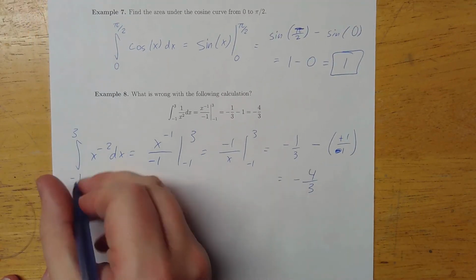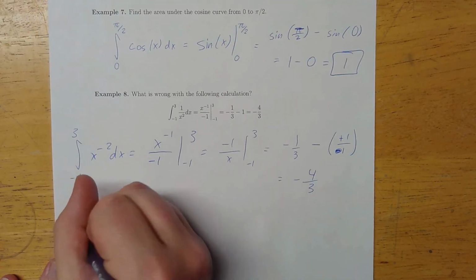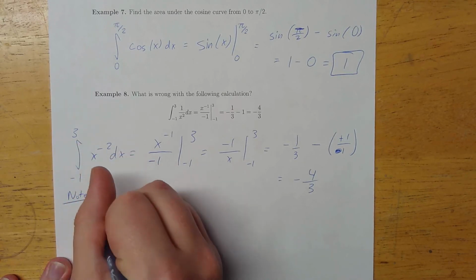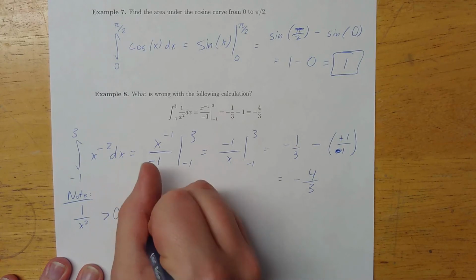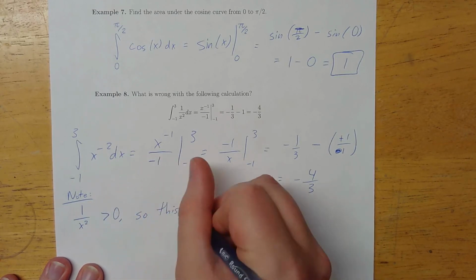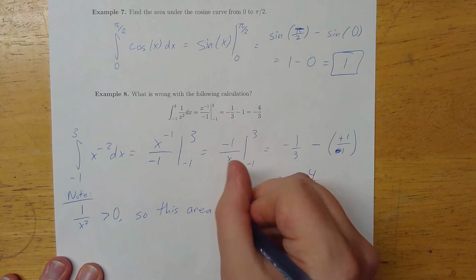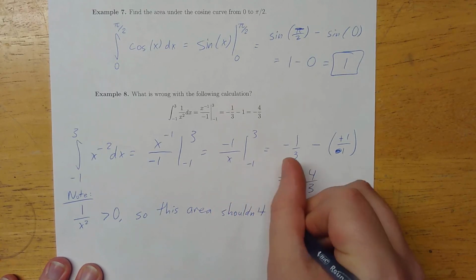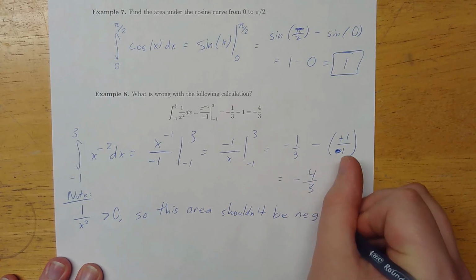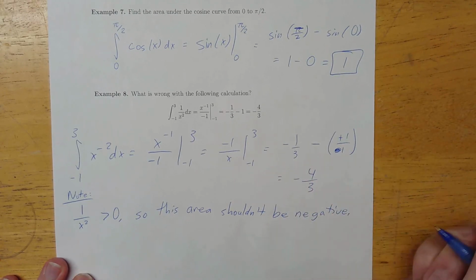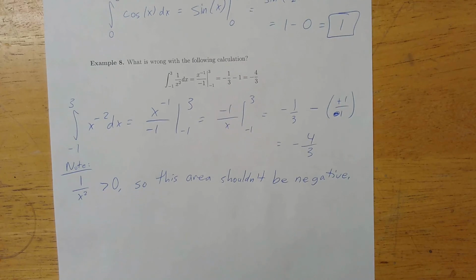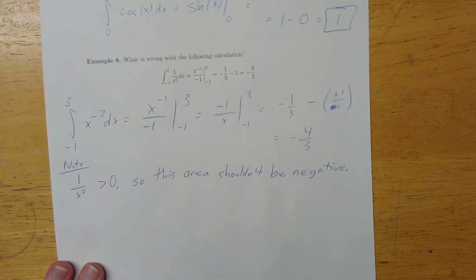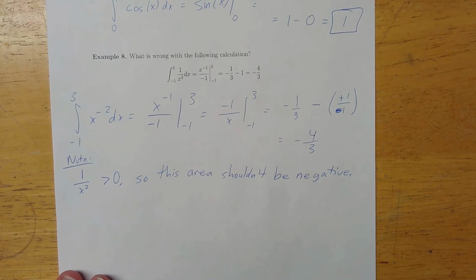However, what you might notice is that 1 over x squared is always greater than 0, so this area shouldn't be negative. However, one of the things that we had said at the very beginning was that in order for us to do this, the thing we were integrating needed to be continuous on the interval.